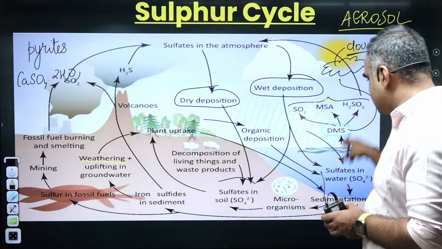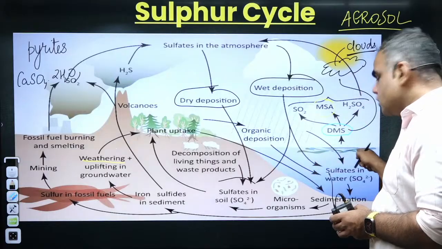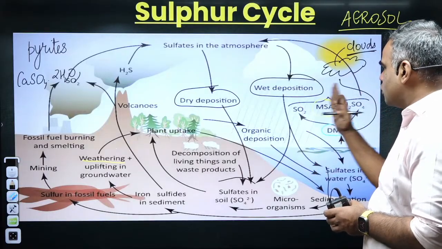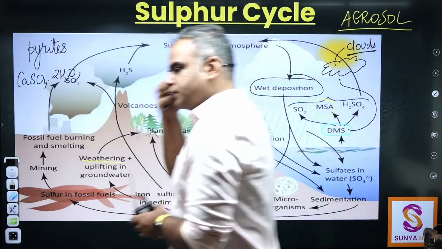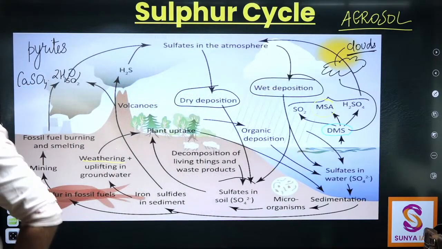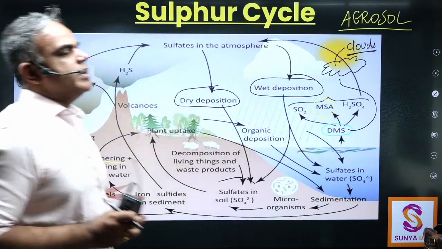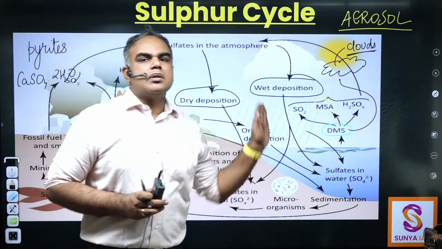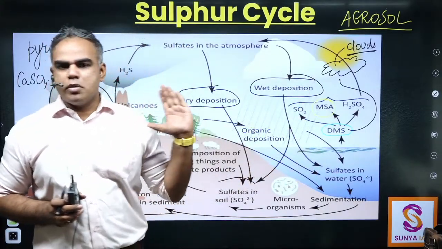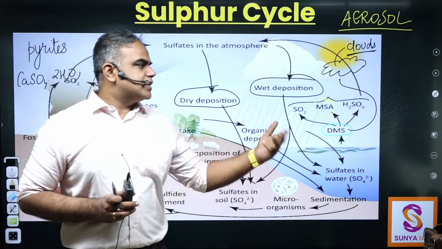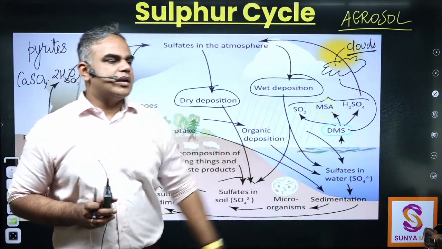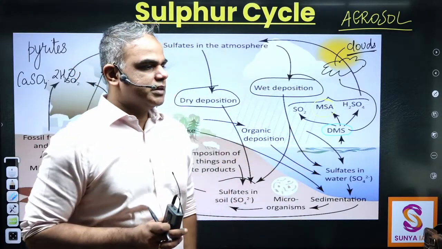So just write it like this: phytoplanktons, then write DMS, and write SO2, MSA, H2SO4. This is just an addition, maybe, because this is going to be the most difficult part of the cycle. It has normally not been asked, but if they go into more details of the marine sulfur cycle, they may still be interested.